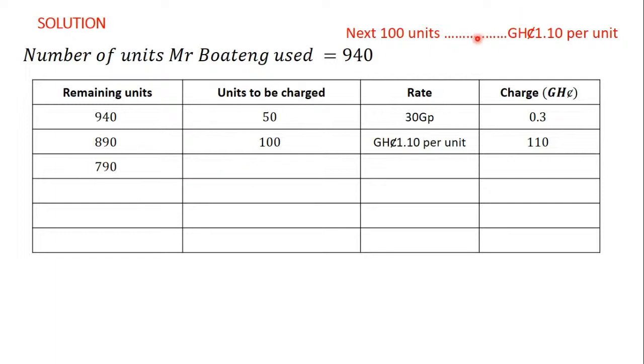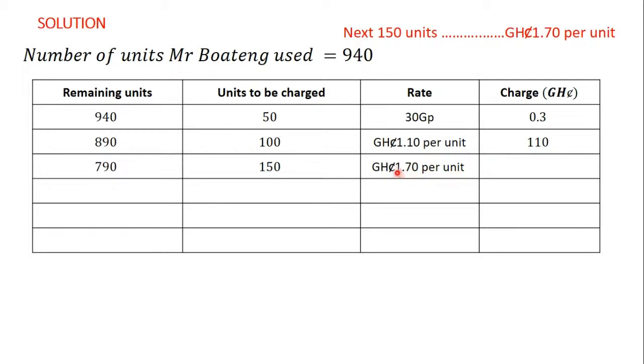From the table in the question, the next group is the next 150 units, and the rate is 1 Ghana cedi 70 pesos per unit. So the unit to be charged is 150, and the rate is 1 Ghana cedi 70 pesos per unit.